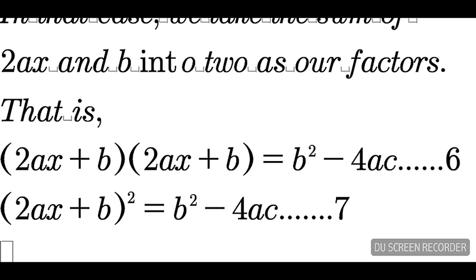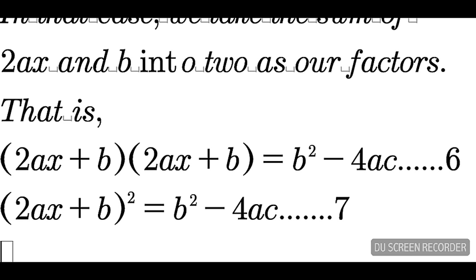Have you seen we are actually simplifying the original equation? The left-hand side is a binomial of the power 2. Our main aim is to solve for the roots of x. So we shall take the square root of both sides of equation 7.